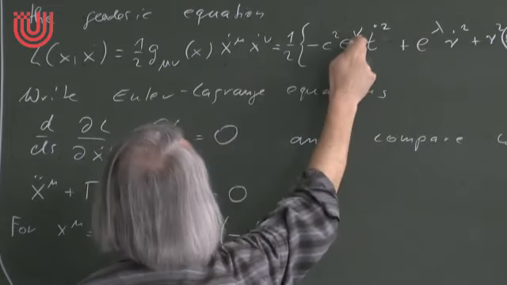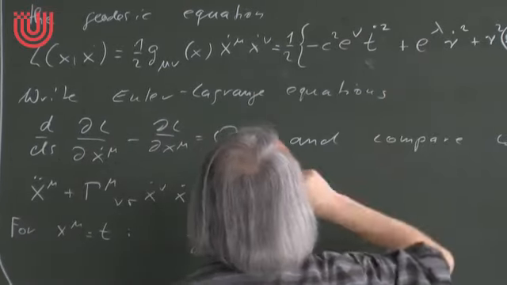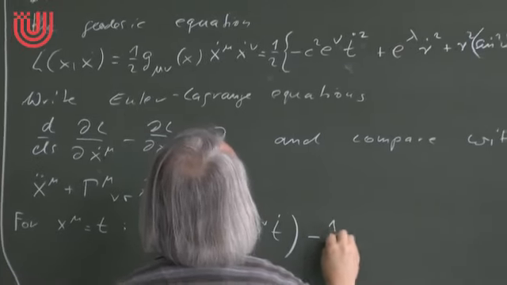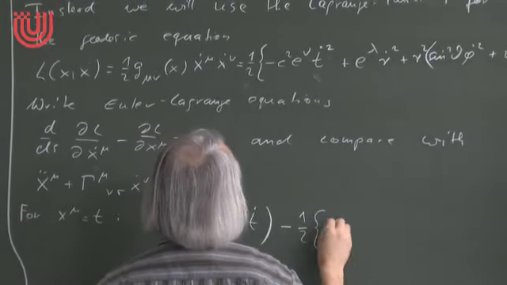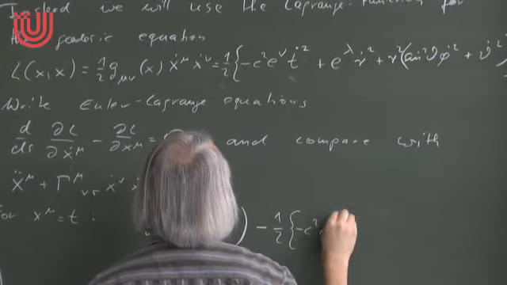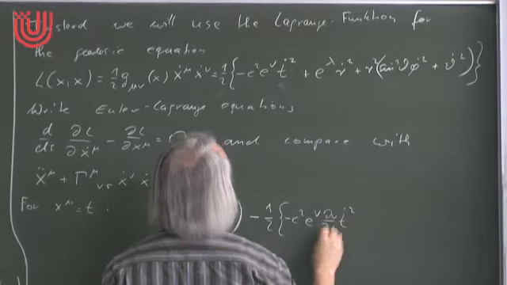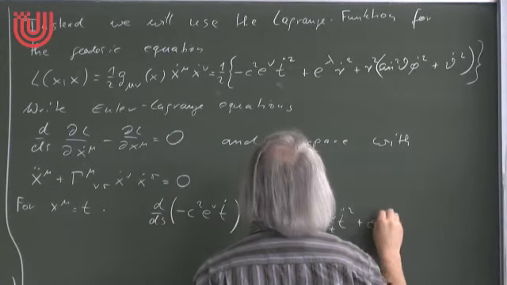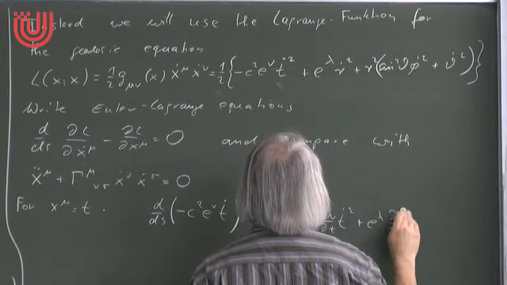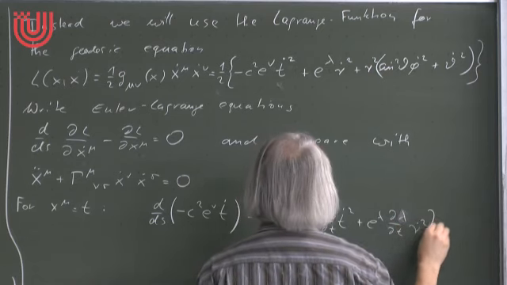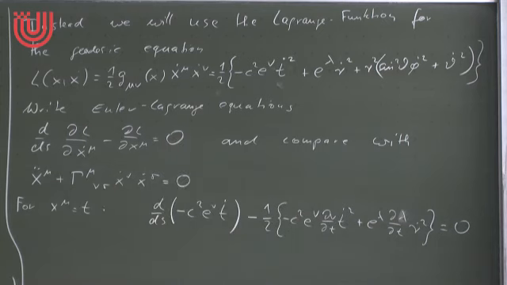Yes, of course you see a t here in the nu and in the lambda. So this is minus 1/2 times minus c squared e to the nu d nu by dt t dot squared plus e to the lambda d lambda by dt r dot squared. And the whole thing is 0.